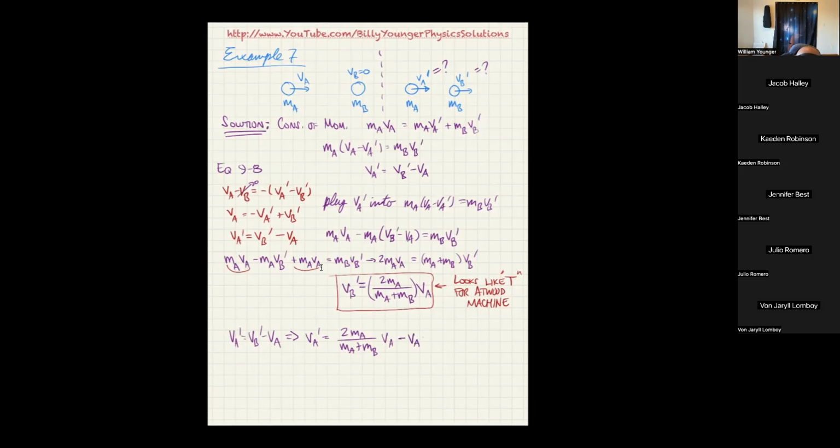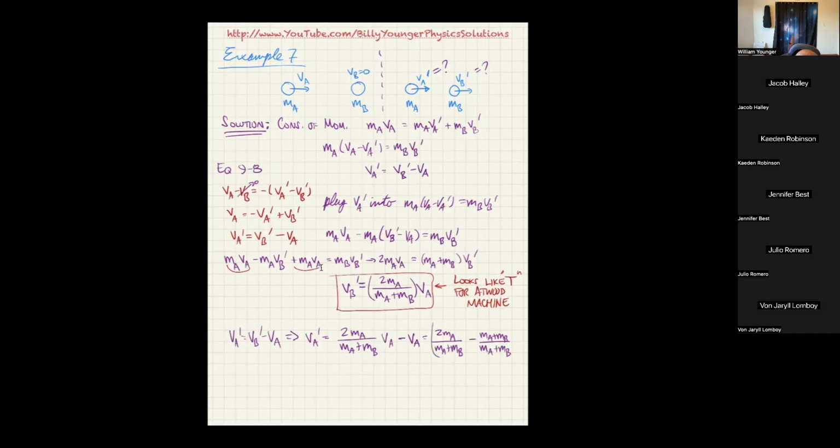So what I want to do is get a common denominator. This one already has a denominator of MA plus MB. However, this other one has a coefficient of -1. So what I'm going to do is multiply it by MA plus MB over MA plus MB like that.